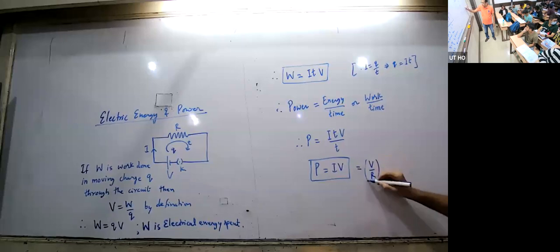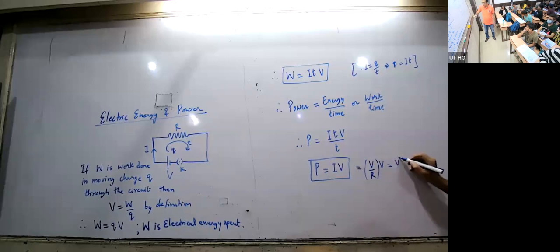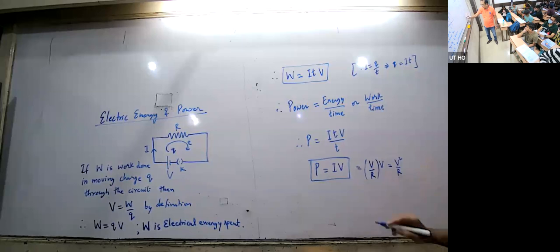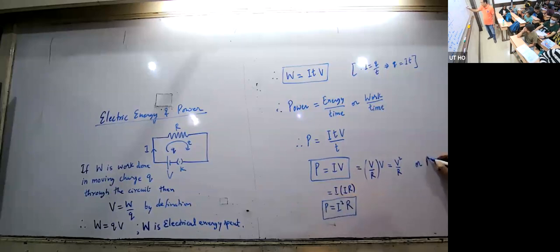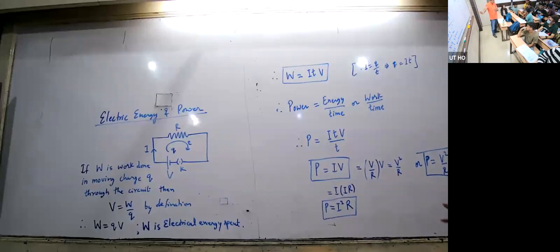So this is V square by R. Also, if you eliminate V, you can write V is equal to IR, so P is I square R. Power के 3 formula: VI, V square by R, and I square R. कितना आसान है. So basically, it's very simple. You have not done anything new. You just rearrange things.